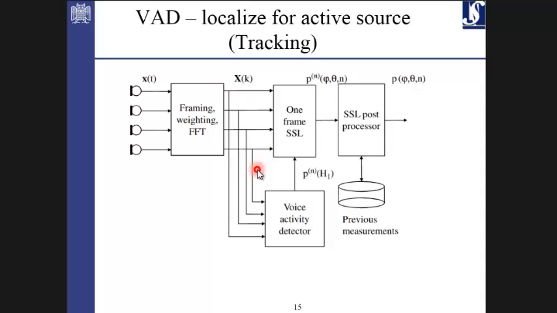For example, someone is talking, but he's silent for a while, and then he starts talking again. So we have to consider another functional block here, which is the voice activity detector.